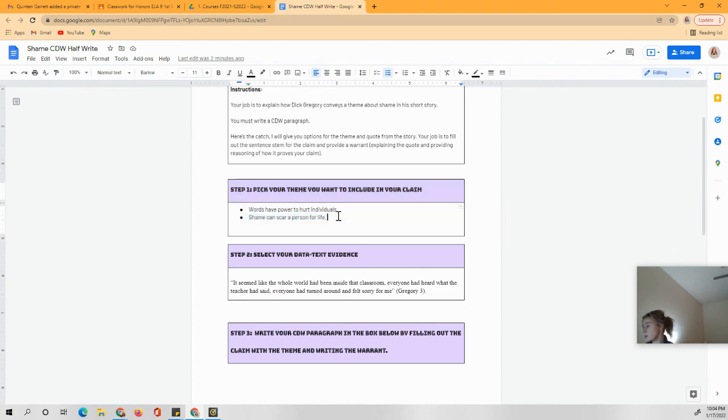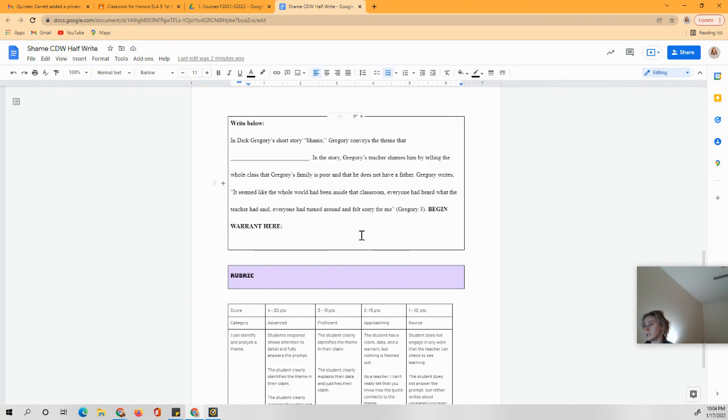Okay, your warrant has to be a minimum of 2 sentences. Okay, you can't just say it is because it is. No, not enough. I would like this to be 2 to 3 sentences. Okay, so that's what you're going to be doing.